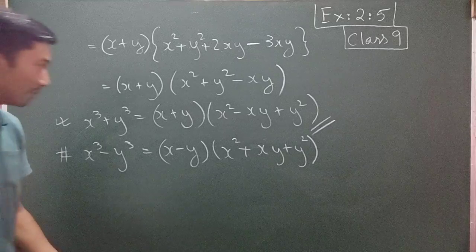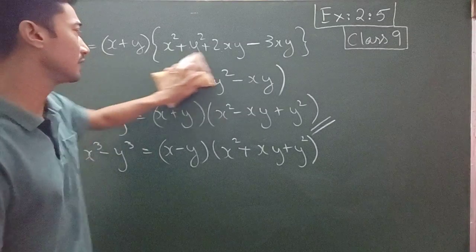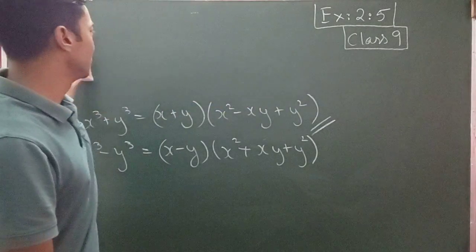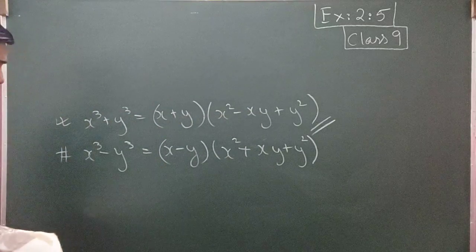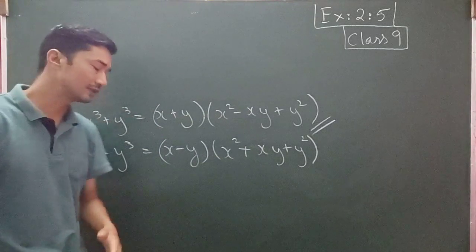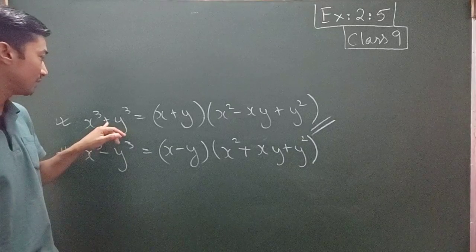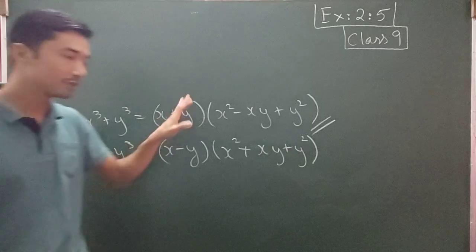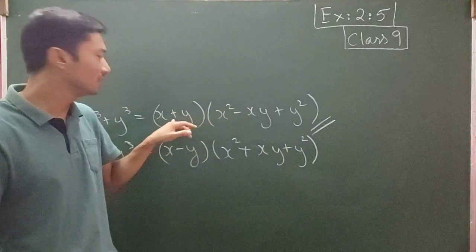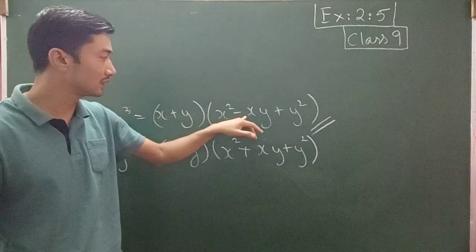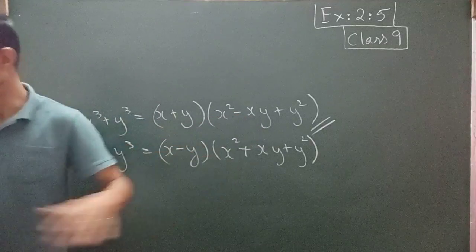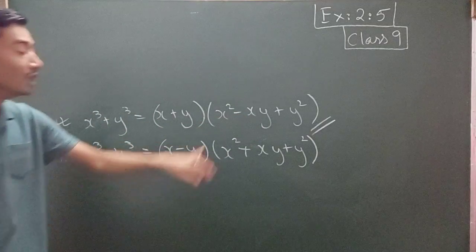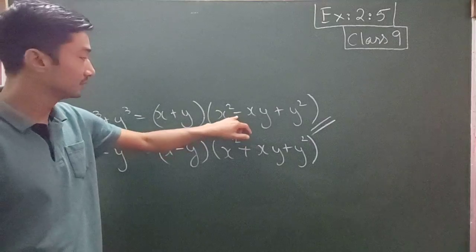There is a trick to remember it actually. I used to remember it like that when I was a kid, because all these formulas we tend to forget. For plus, I just remember that everything is positive, of course it will start with positive, only this term has to be negative.